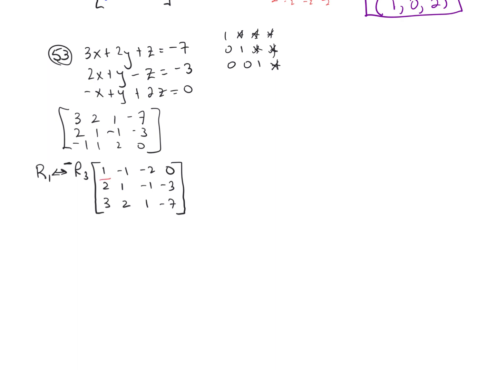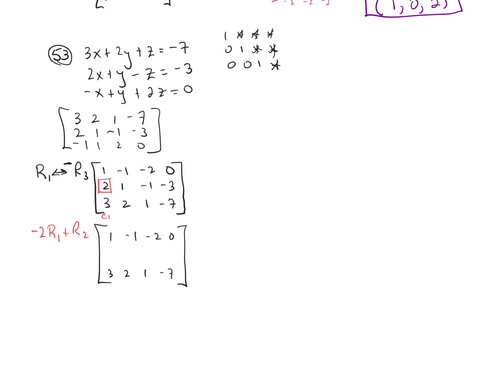We want a 1 where the 2 is. 2 is in column 1, so we're going to take row 1, multiply that by the opposite, and add it to row 2. And that row 1 does not change. Row 3 does not change.